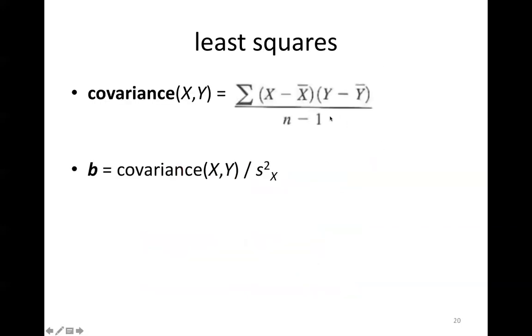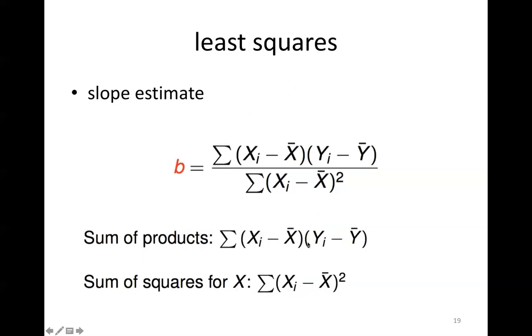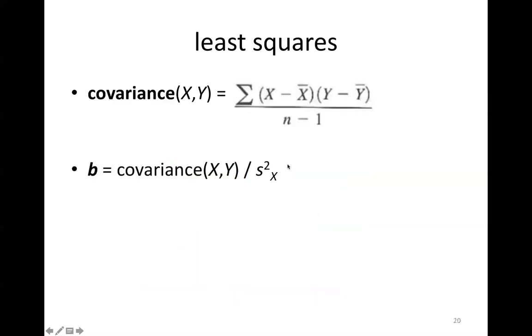And just a reminder, the sum of products term, if you divide that by n-1, that's called covariance. Just like when we divided the sum of squares by n-1, we got the variance. When we divide the sum of products by n-1, we get the covariance.